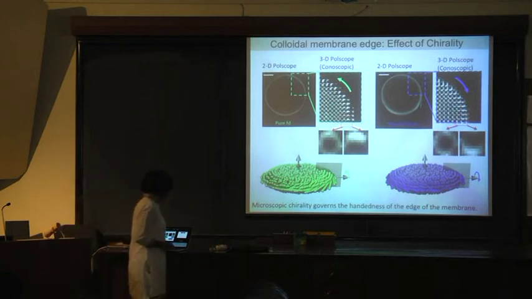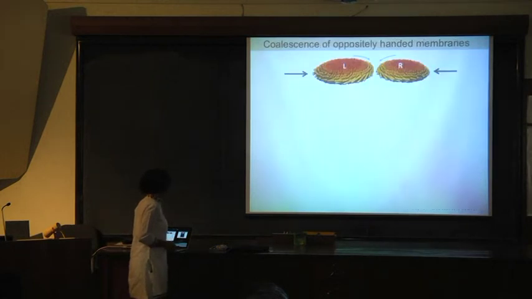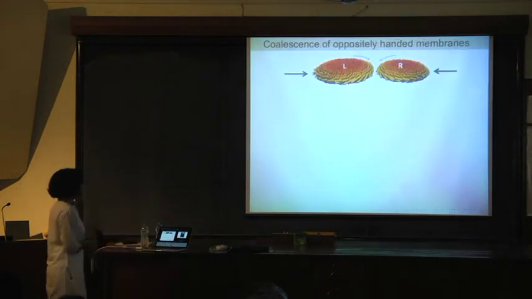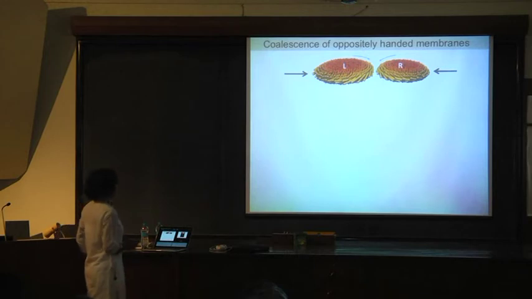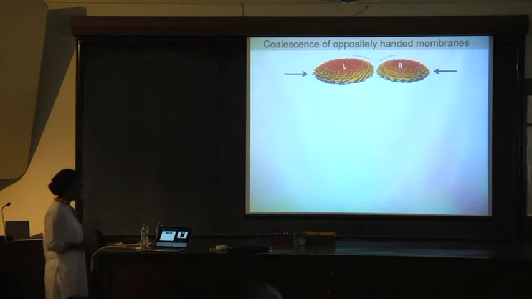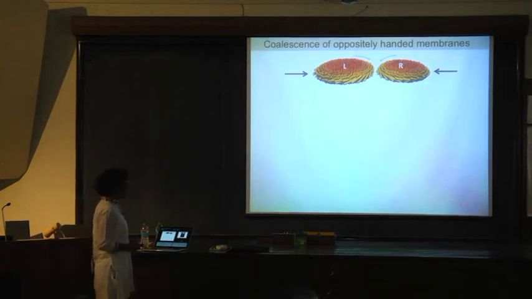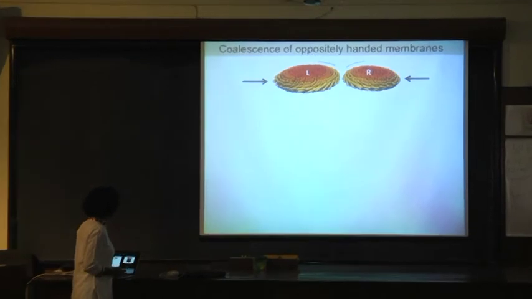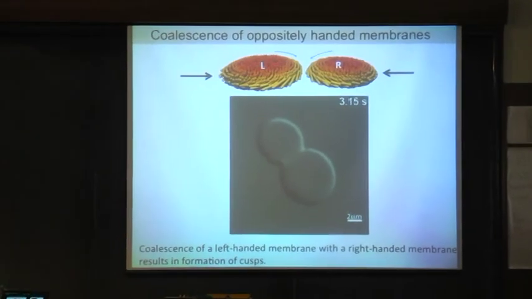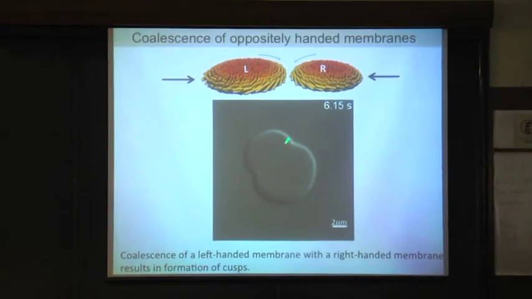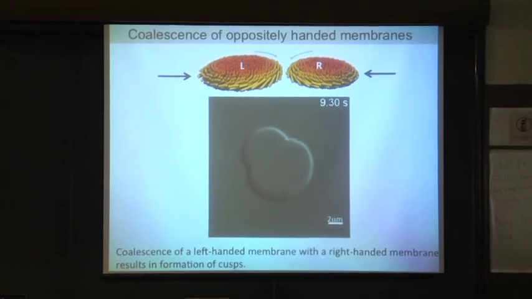So the experiment that we set out to do was to ask what happens if I take a membrane made out of purely left-handed rods and a membrane made out of purely right-handed rods and have them coalesce. And this is what happens. They come together and make this snowman kind of object.